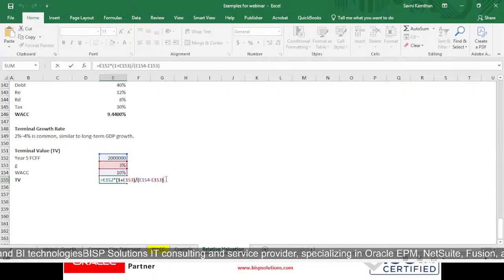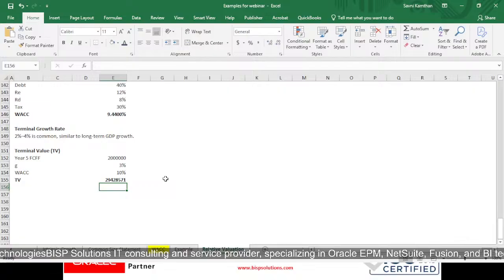So we will be getting 294.3 lakh rupees. We will be adding this to the present value of FCFF to get the total firm's value, right?